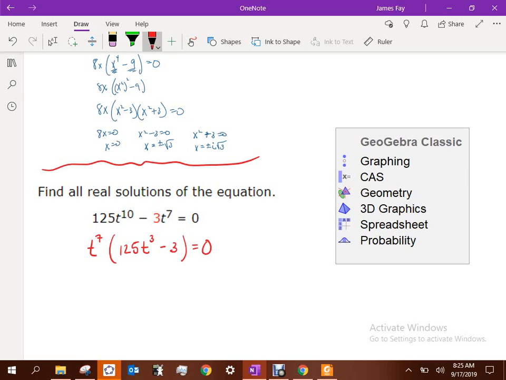Now, this is going to be t to the 7th is equal to 0. Or, now it's not the square root method, but this sets itself up for like the cube root method. Okay? So 125t cubed minus 3 is equal to 0.